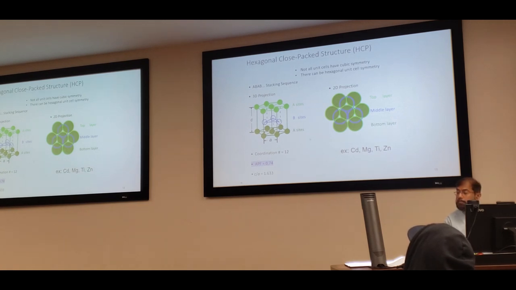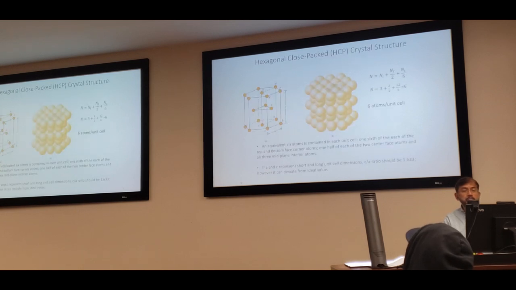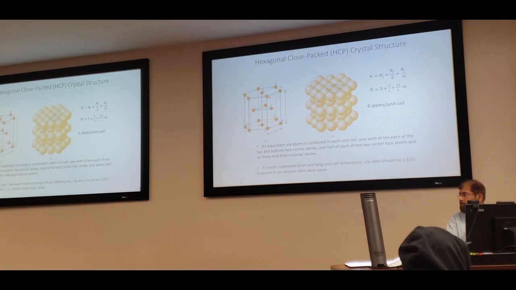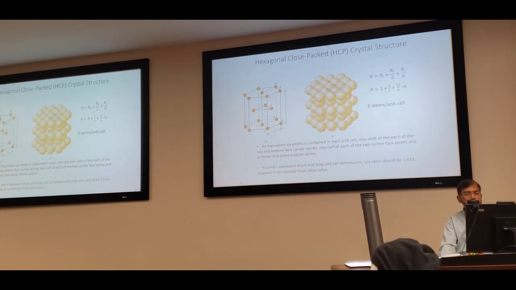Now this is the equation you can use to determine the number of atoms in the unit cell for HCP close packing. N is equal to Ni, the number of interior atoms, plus the number of face-centered atoms over 2, plus the number of corner atoms over 6. So N is equal to the number of interior atoms, 1, 2, 3, therefore 3.